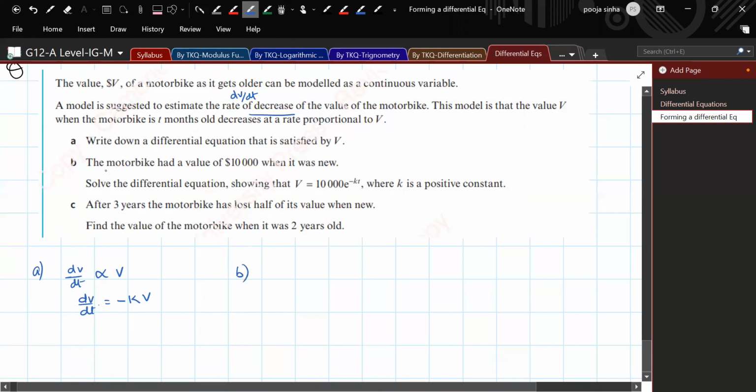अब आते हैं B part पे। The motorbike had a value of 10,000 when it was new.